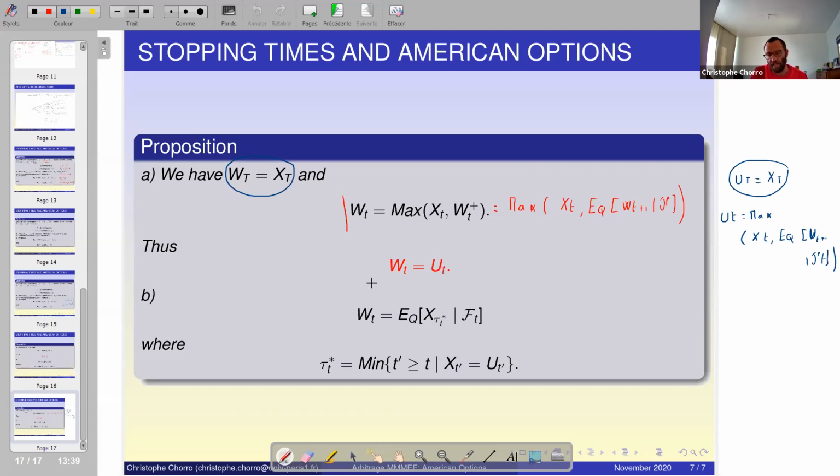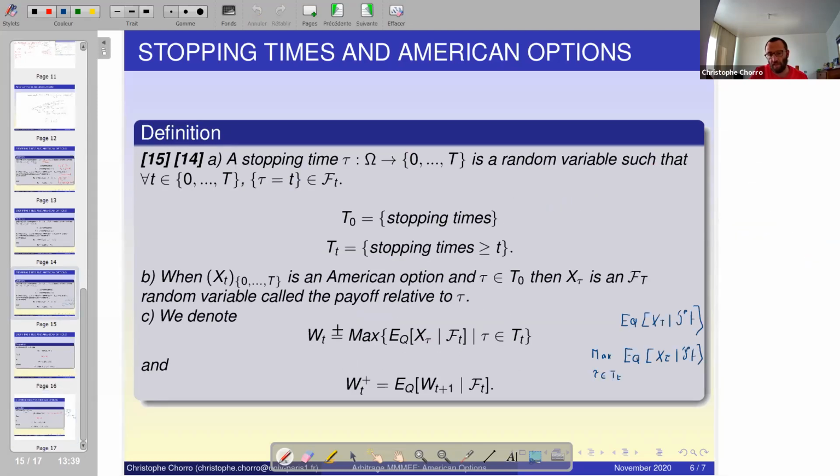here I said that my price, in fact, because here, if I have small a, W_t is equal to U_t here. So the price is in fact attainable by a particular stopping time, tau_t star, that is the one that allows me to reach the maximum in this expression.